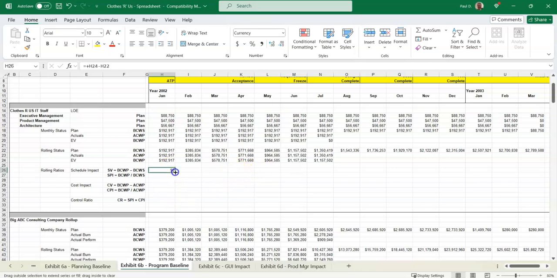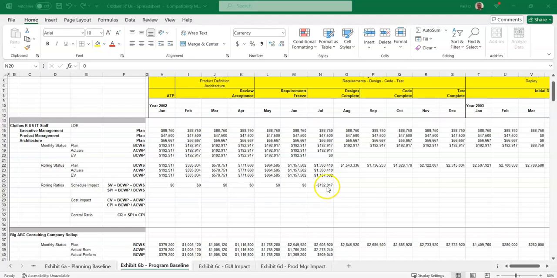And typically I don't have a schedule variance because it's LOE, so earned value always equals the plan. I go all the way out here, I drag the equation out. And if you notice, there is a schedule variance showing up in July after the requirements freeze, where all requirements should be locked down.